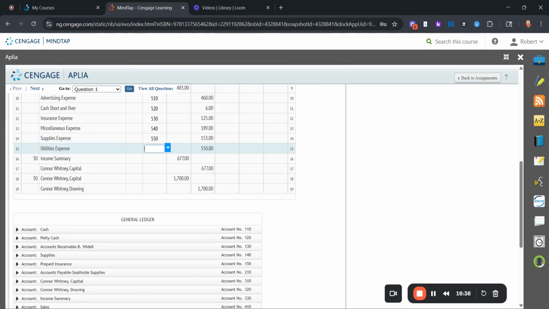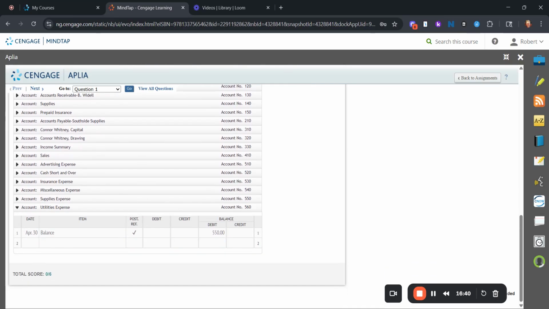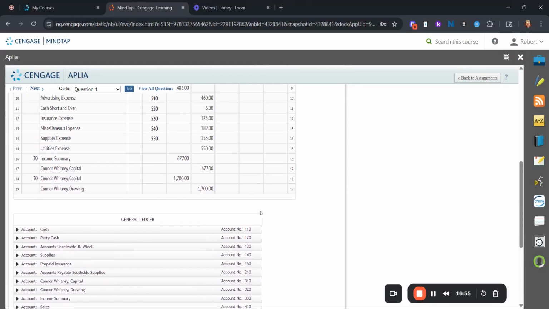Utilities expense 550. The account number for utilities expense 560.